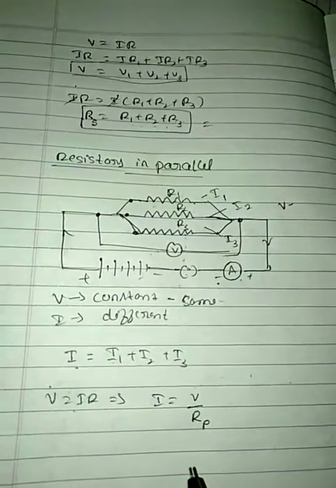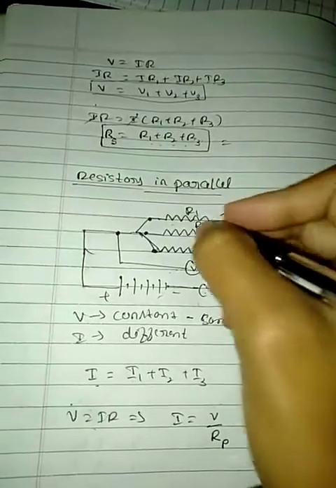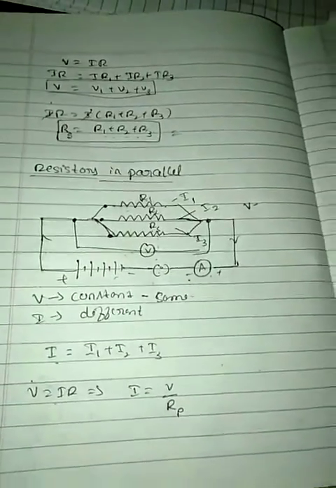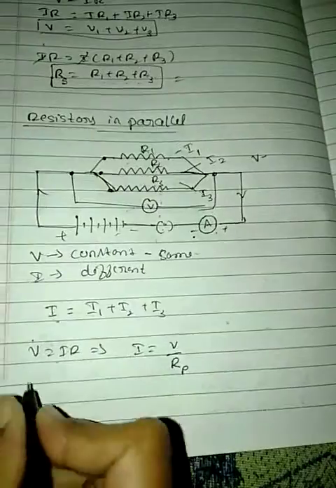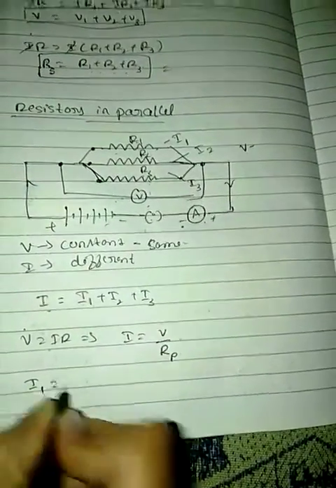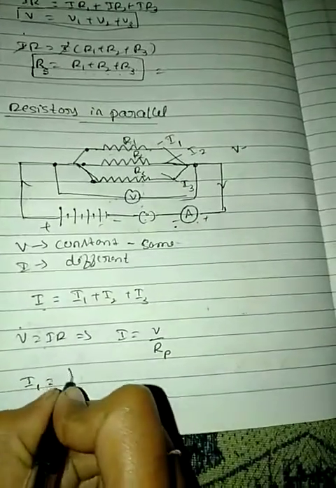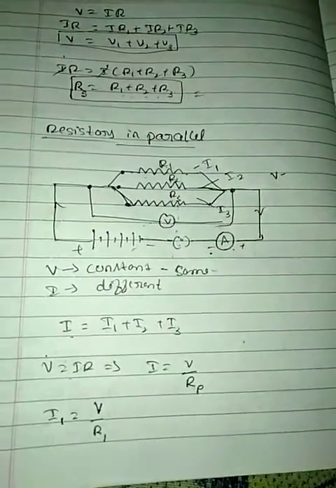Okay. Now applying Ohm's law separately to each resistor. For the first resistor, the current is I1. So I1 is the current across the resistor R1, and the potential difference V is the same. The resistance is R1.